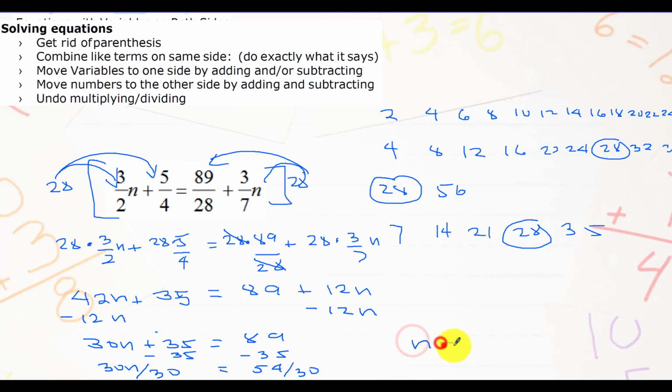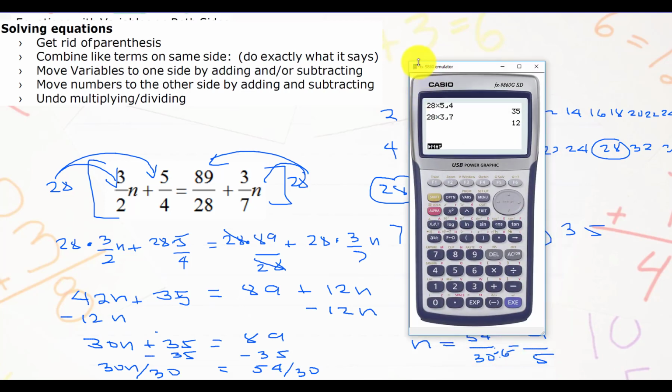We'll get n equal to 54 over 30. And then we can further simplify this as 9 over 5. Okay, divide this by 6 and then divide this by 6.